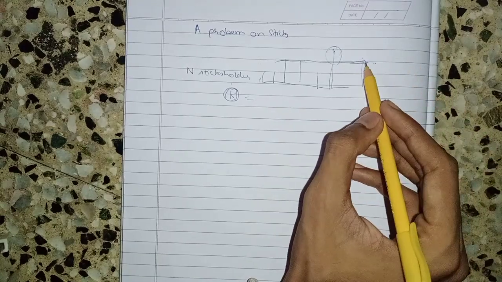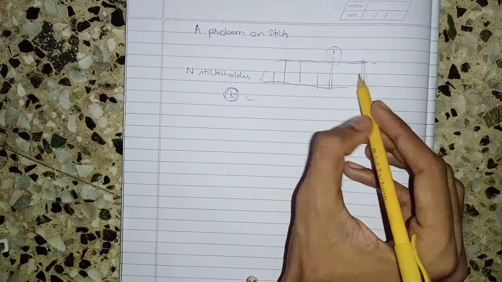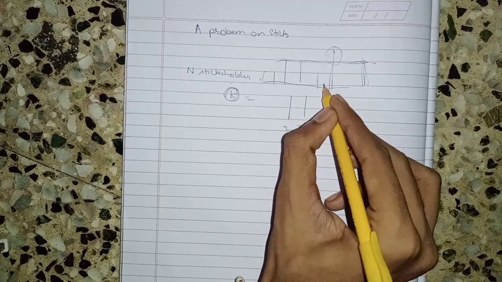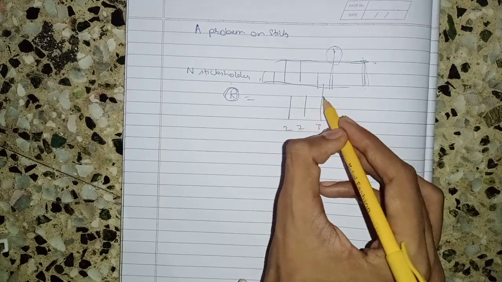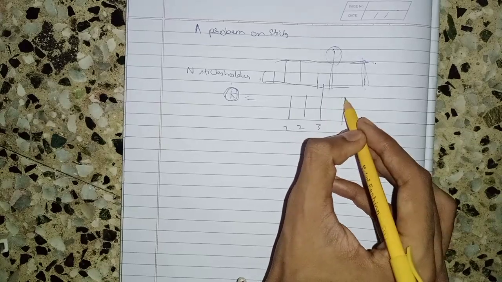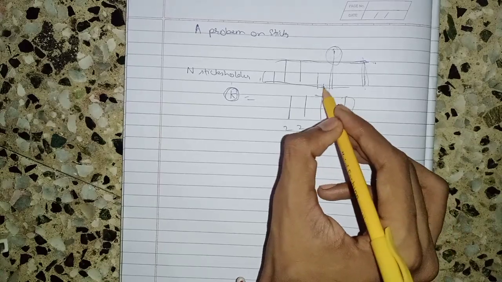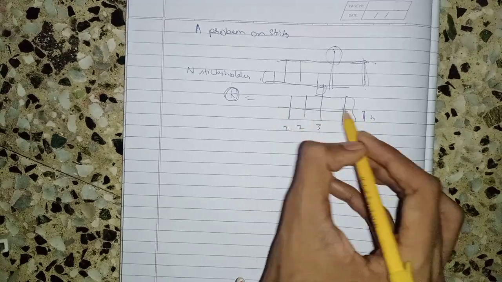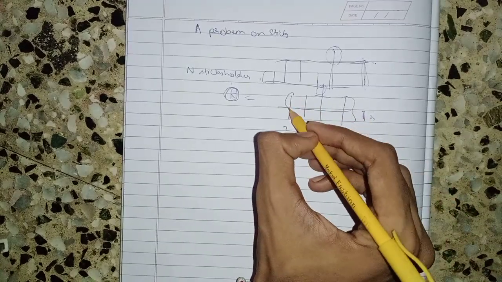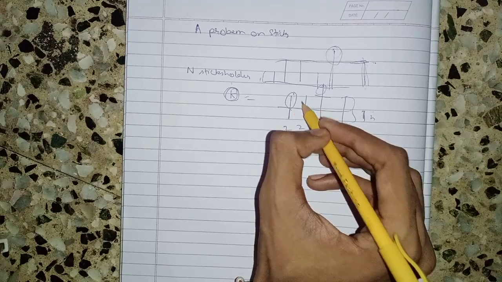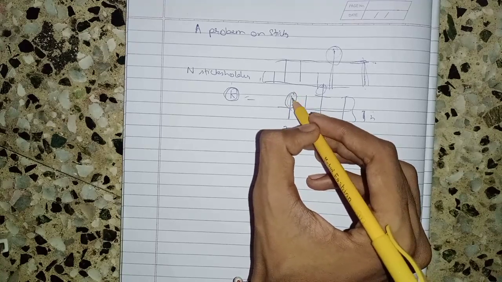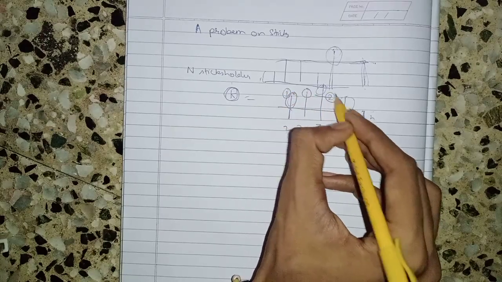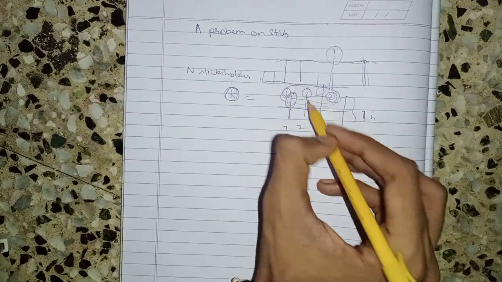Sorry, I missed there is another rule with the cutter. Suppose we have something like this, 2, 2 and 3. We can place the cutter at height equal to 2 and cut this part, but we cannot do the same with a height equal to 1, because after cutting from height 1, the part which was cut from this stick will have length 1, this will have length 1, but this will have length 2, and this is not allowed according to the question.